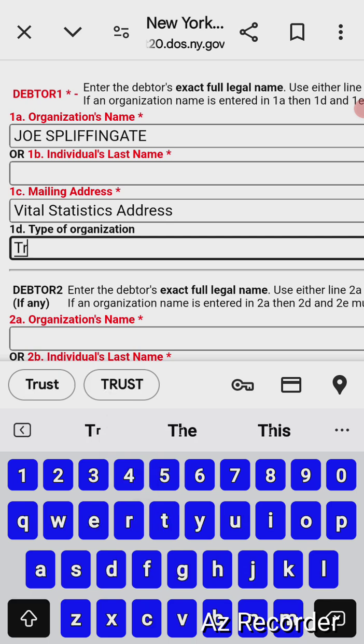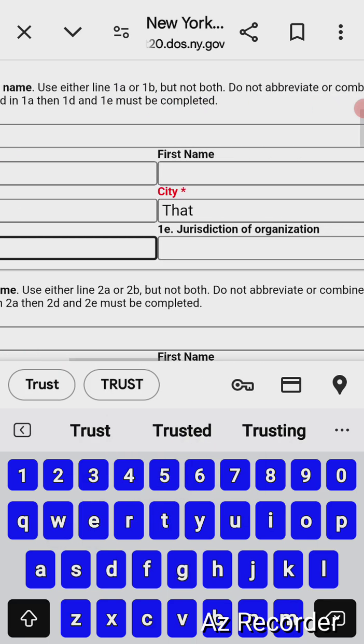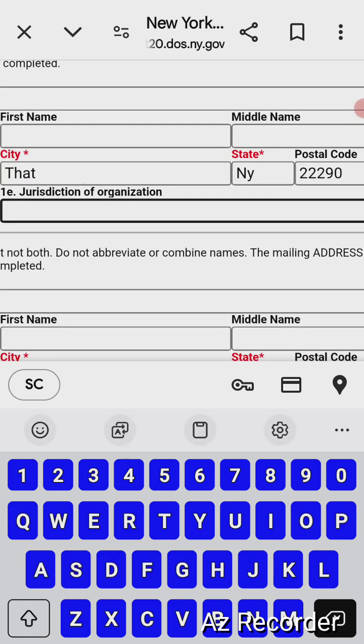It is a trust. This is where you put trust, in the type of organization location. Jurisdiction. This is why New York is the best one to do it, because these other states don't ask about the jurisdiction. You have to decide what the jurisdiction is going to be. America is not a jurisdiction.